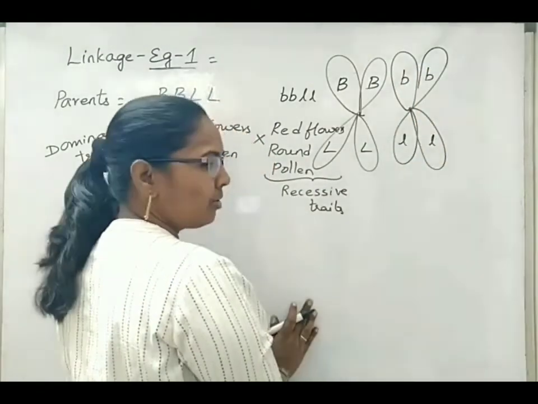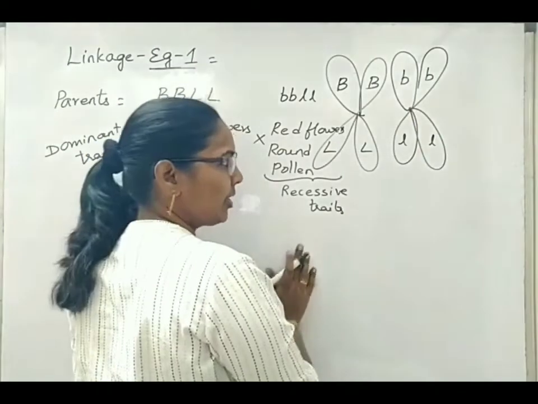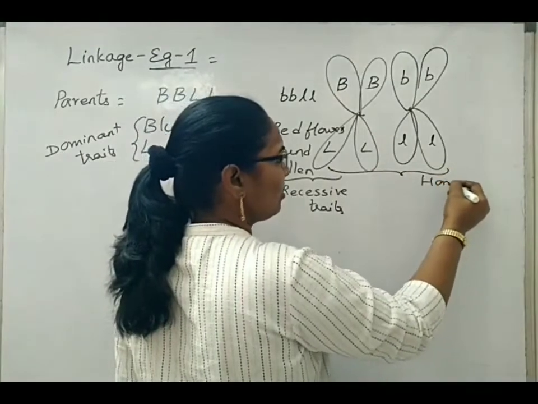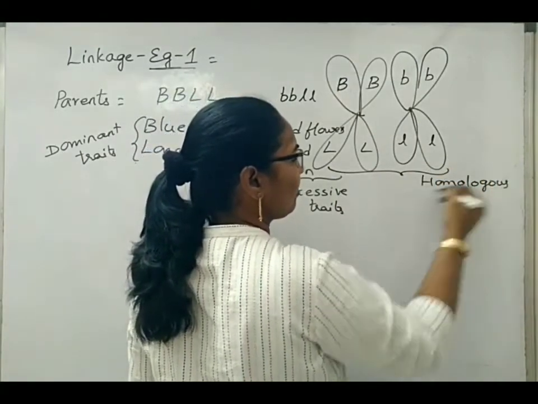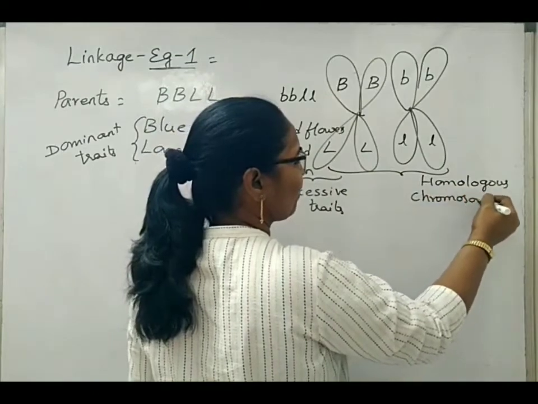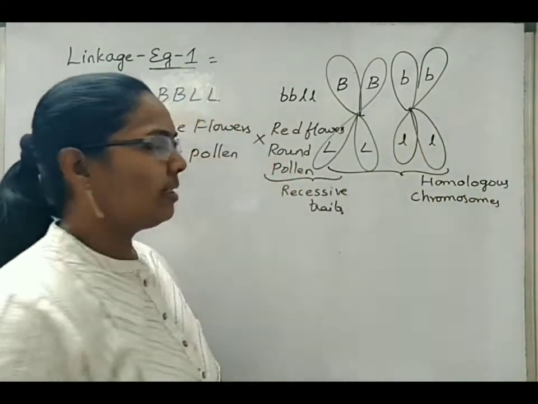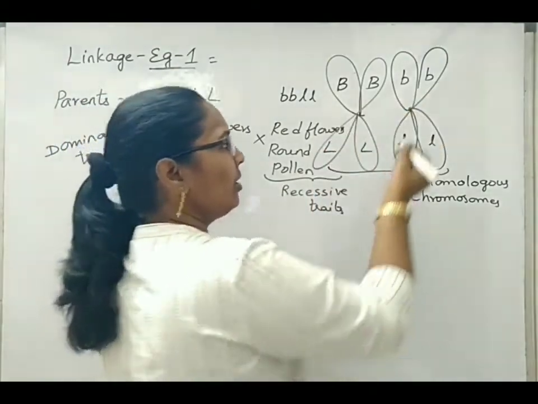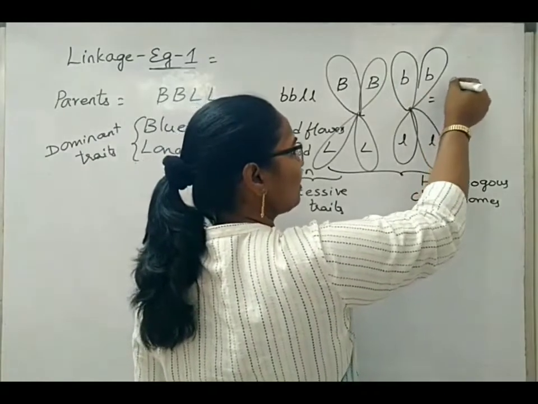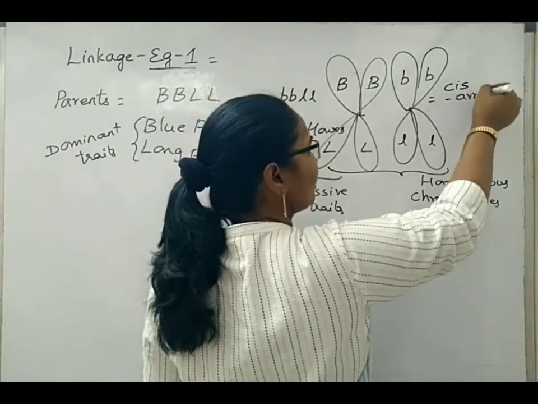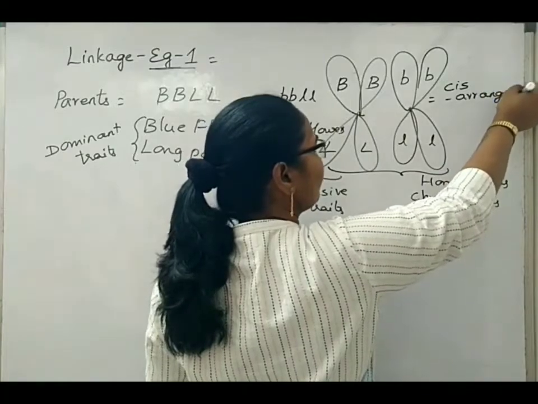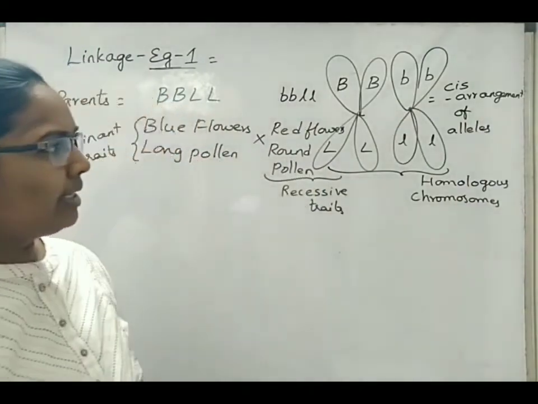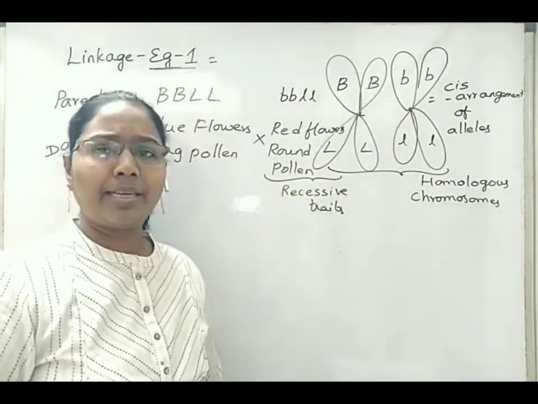The recessive ones, which are not expressed in the next generation, are present on the other chromosome. If we consider these as homologous chromosomes, the arrangement of alleles with all dominant on one chromosome and all recessive on the other, we call the cis arrangement of alleles, or alleles arranged in cis form.